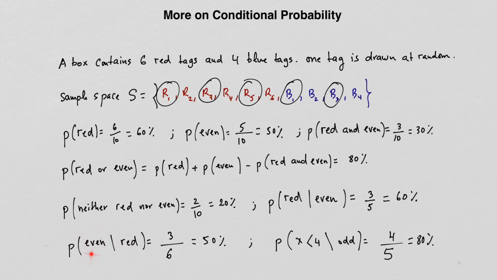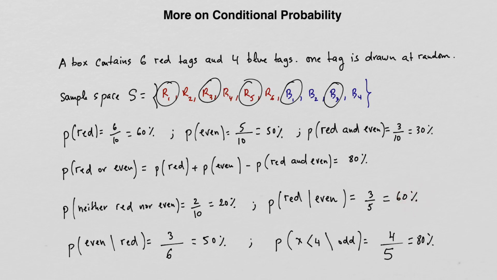Well, if the idea of even and the idea of red are independent events, then that should give me this. They happen to be equal. Does that mean that being even and being red are independent? Possibly, because they're equal. But it is possible that it's just a coincidence. So let's look at the other one. I want to compare the probability of red given even to the probability of just red.